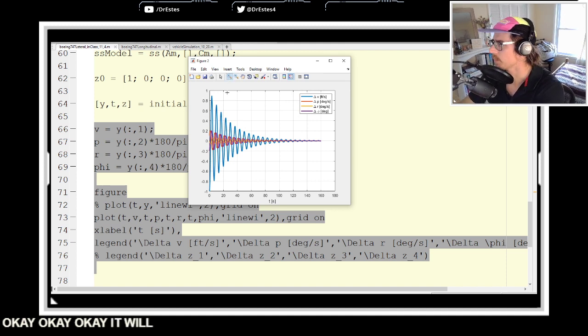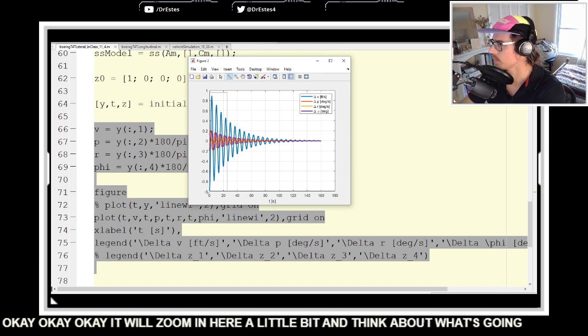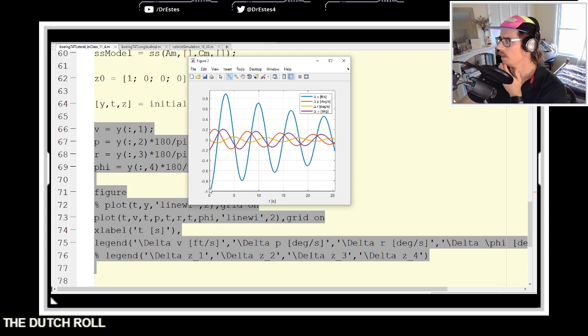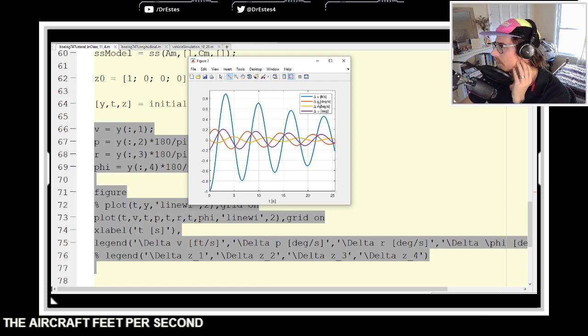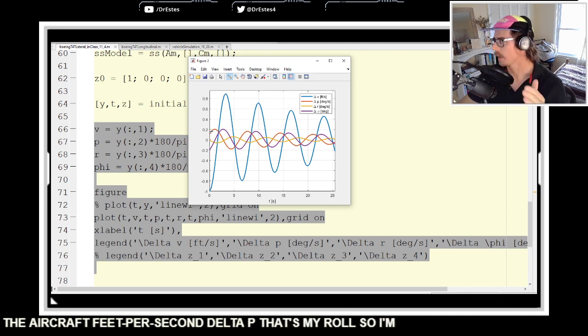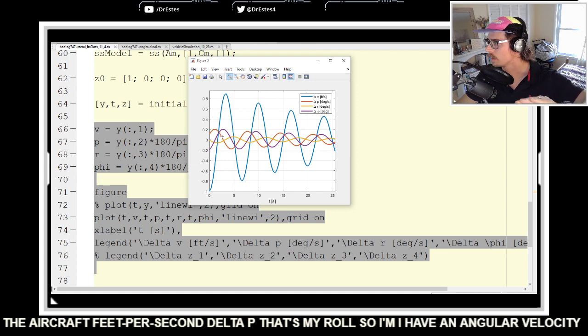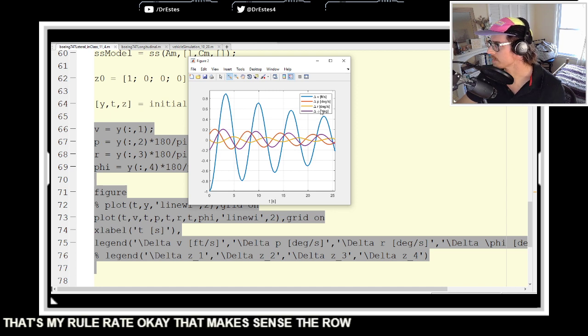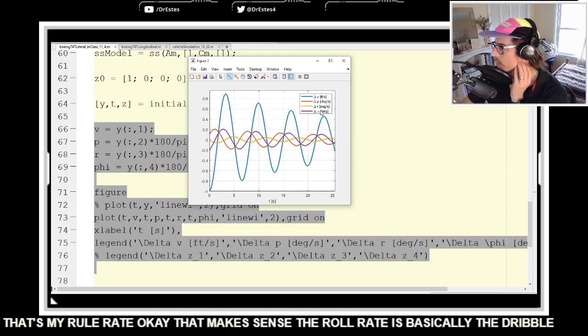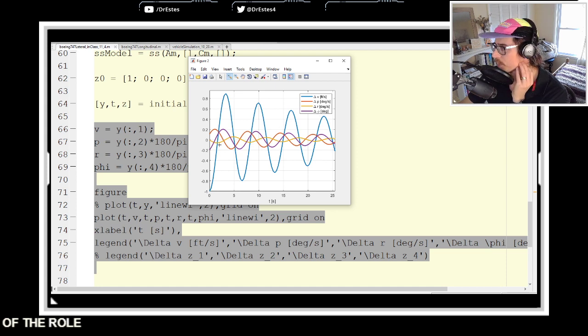Maybe we'll zoom in here a little bit and think about what's going on with the Dutch roll. Once again, side velocity is in blue. I'm moving side to side in the aircraft, in feet per second. Delta P is my roll rate, an angular velocity. The roll rate is basically the derivative of the roll angle, which is in purple.